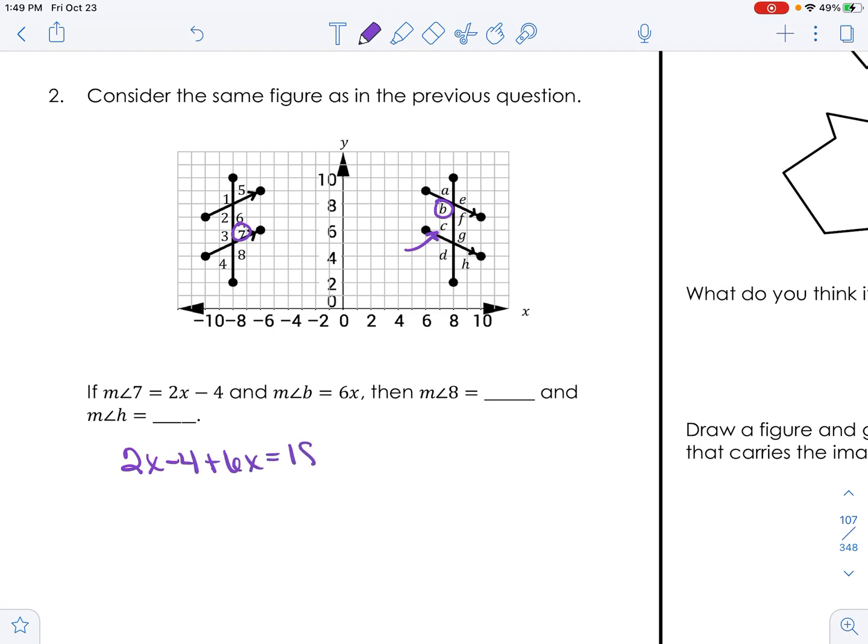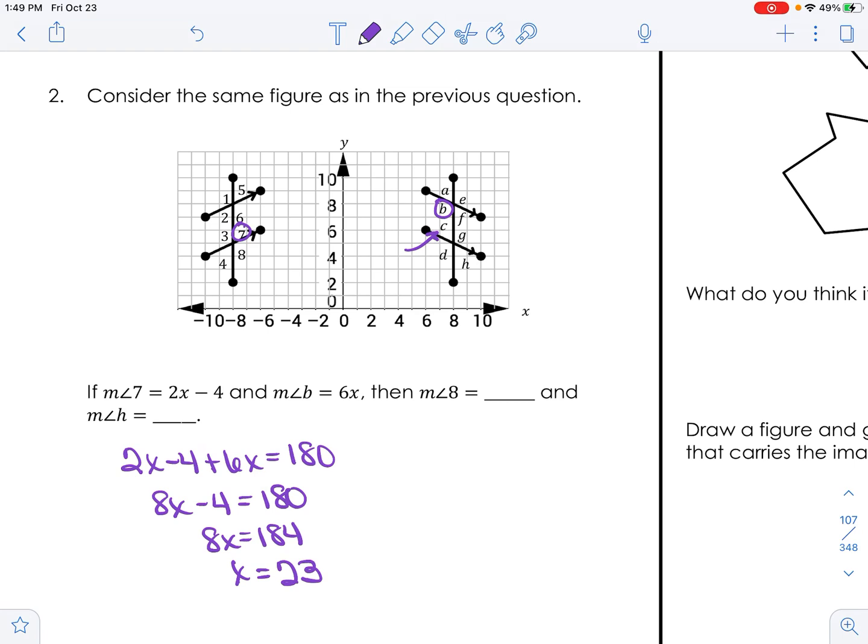So they will add to 180 degrees. That's going to give you 8x minus 4 equals 180 degrees. I'm going to add 4 to each side and divide by 8. I'm assuming you have your calculator. So x is equal to 23.